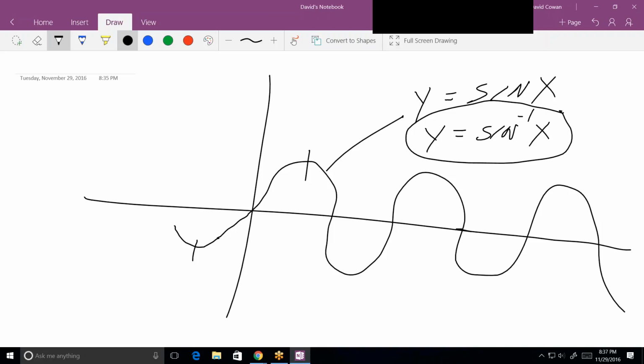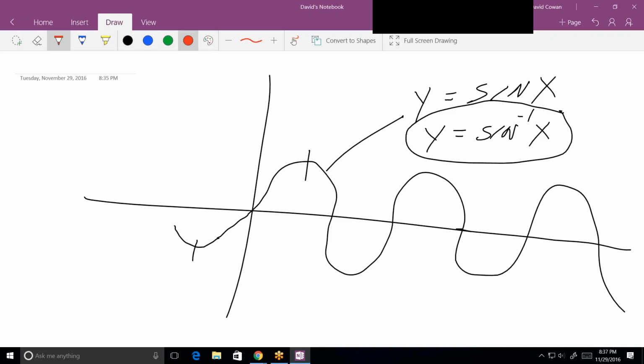In other words, after you come up with the inverse, it's got to pass the vertical line test. And it will as long as the original function was one-to-one. If the original function passes the vertical line test, it's a function. If it passes the horizontal line test, it's a one-to-one function. And if it's one-to-one, it will have an inverse that will be a function.